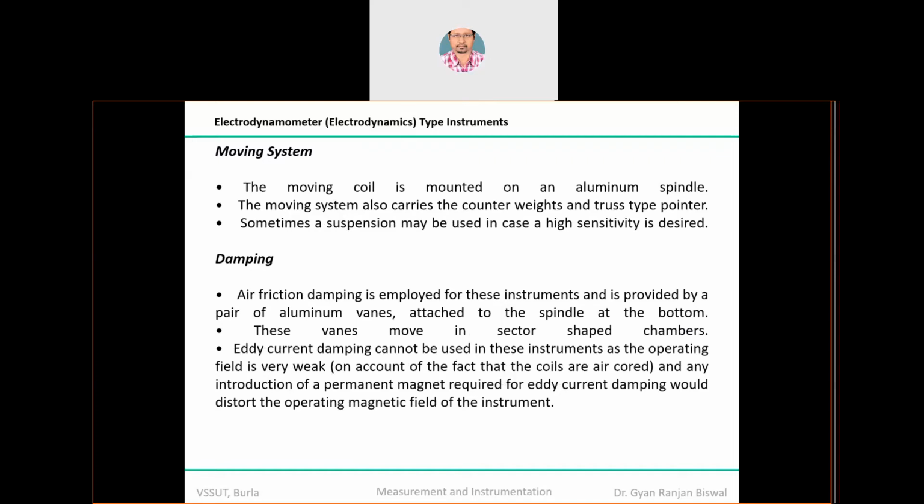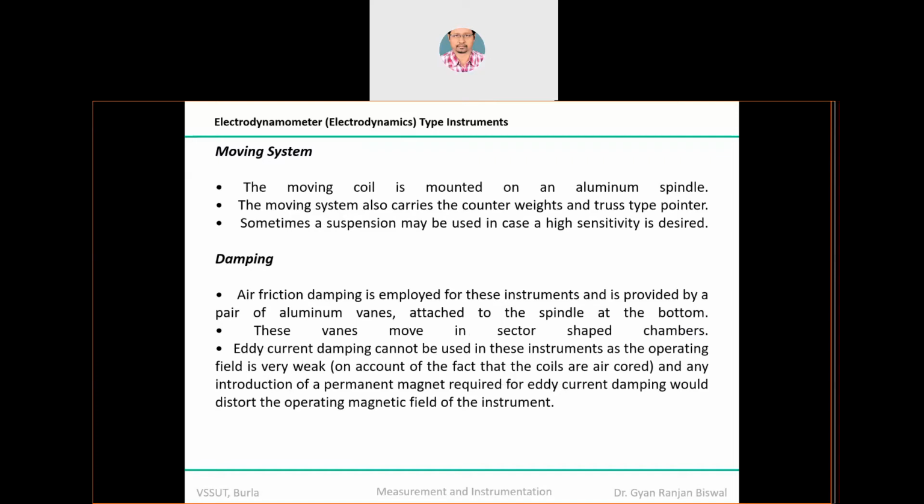In a similar fashion, air friction damping is also used as the damping torque in electrodynamometer type instruments as well. So it is a common thing, the damping mechanism, between moving iron type instruments and electrodynamometer type instruments.